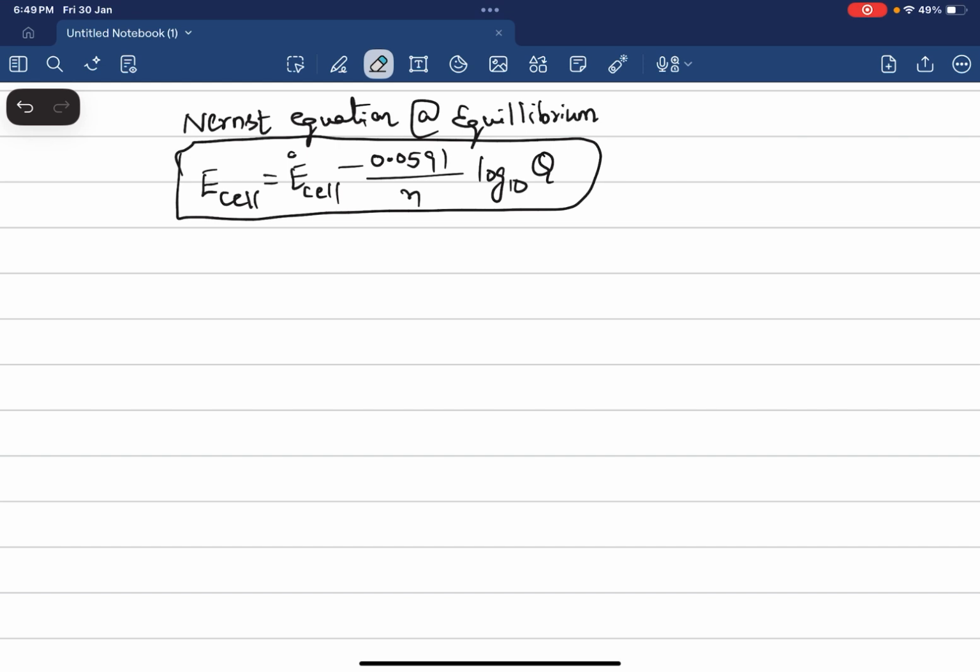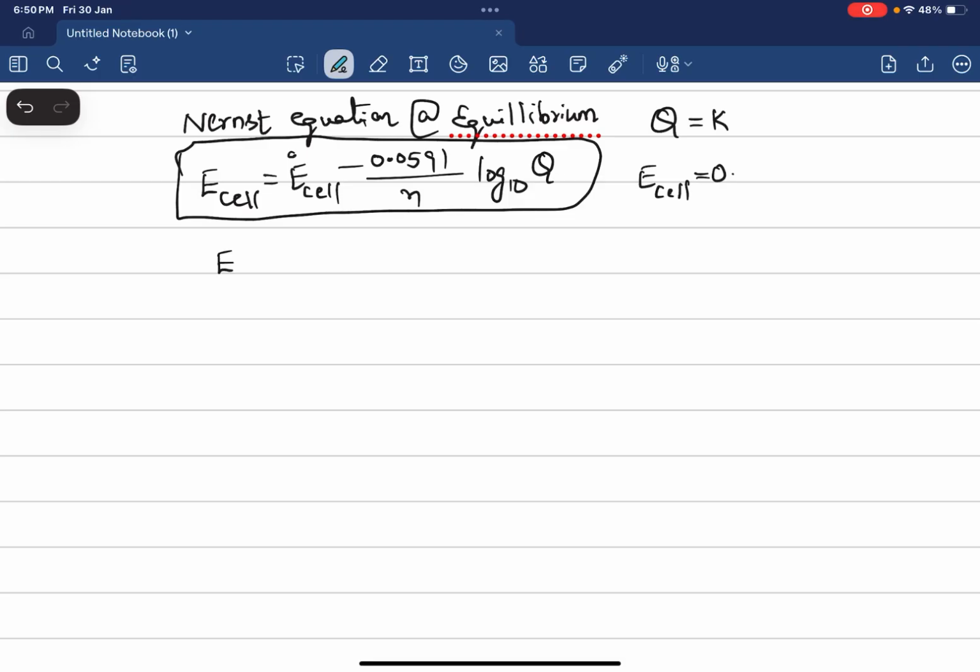Now let us see how the Nernst equation becomes at equilibrium. At equilibrium, Q becomes K, that is, the reaction quotient becomes the equilibrium constant, and E cell equals 0.